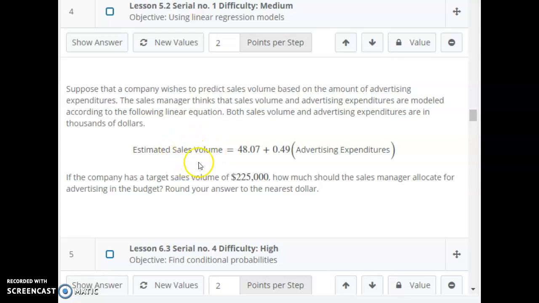So we need to put 225 here, solve for the advertising expenditures, and then whatever we get, we need to multiply that by 1,000 to get the amount that's spent on expenditures. So do pay note to the way that they're changing the unit.